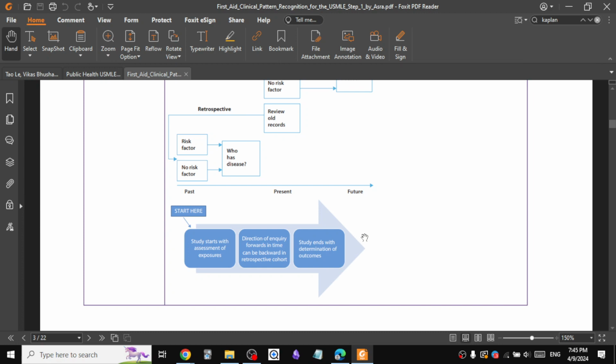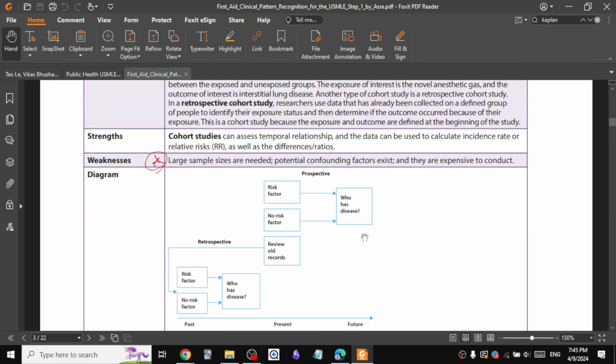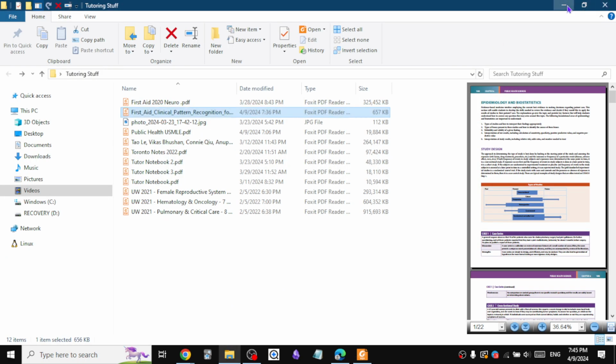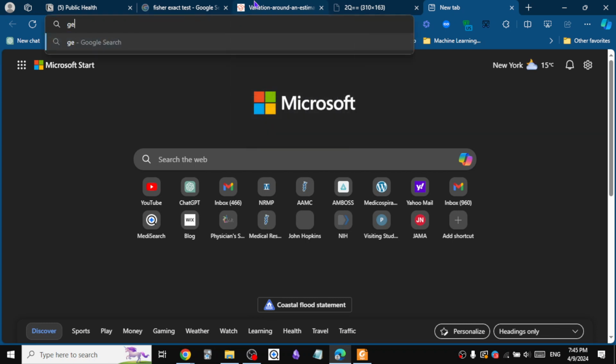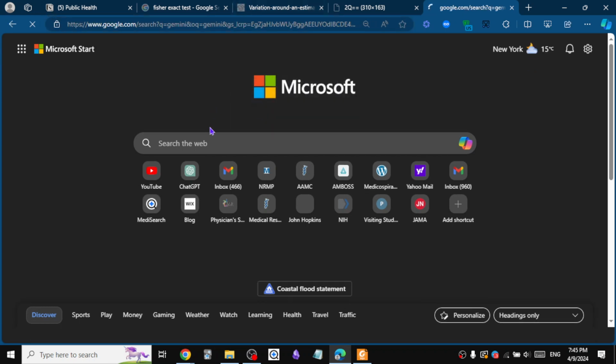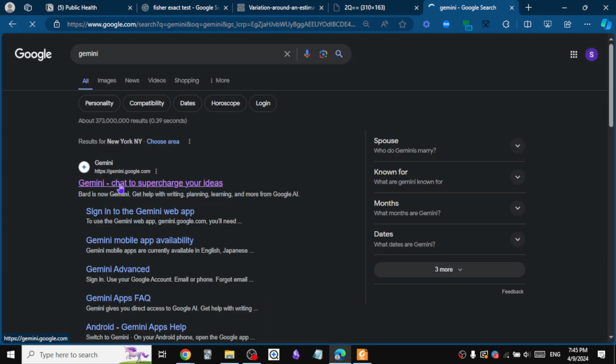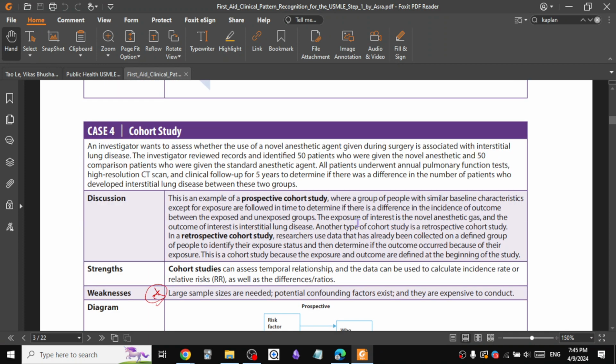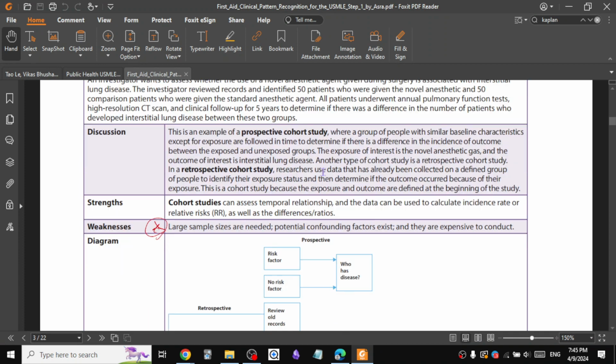What I suggest, and I will do, is let's open Gemini, because it's always difficult. You can pause the video and go through these examples. This will help you, but take your time.